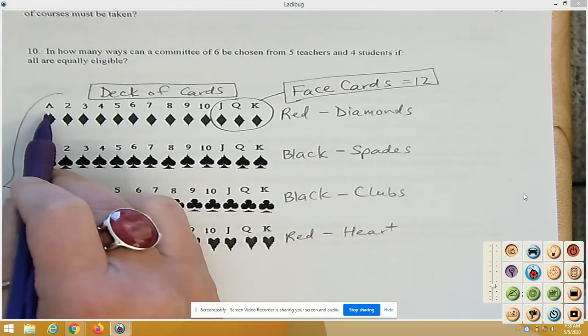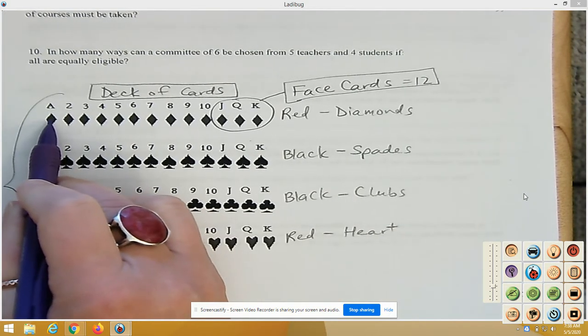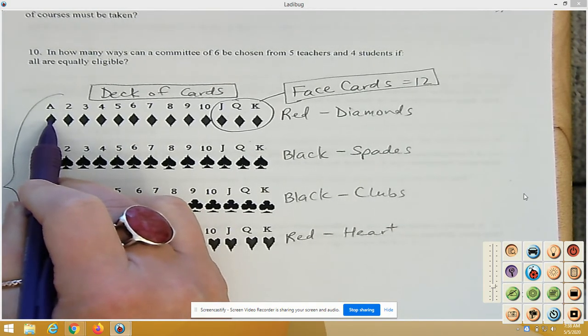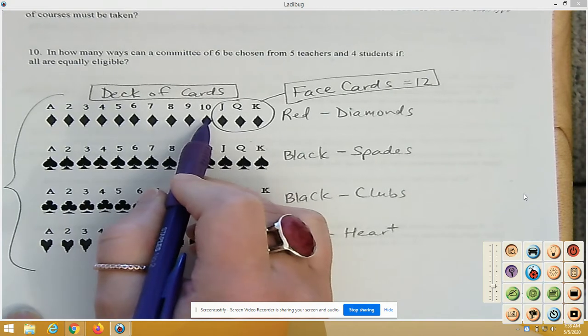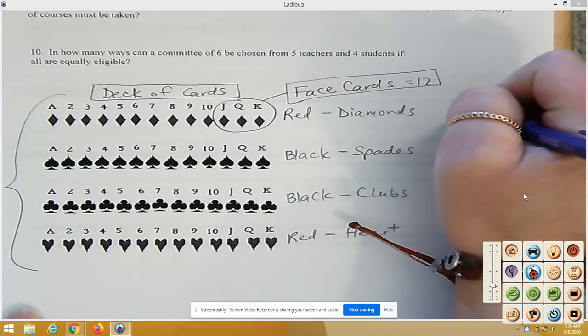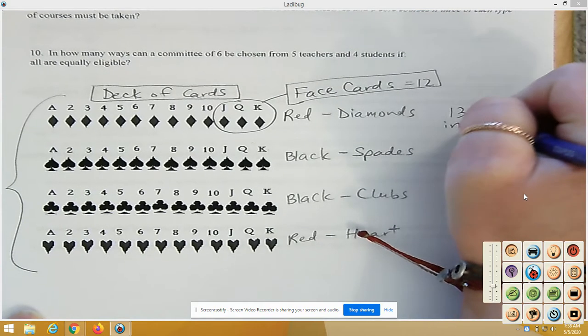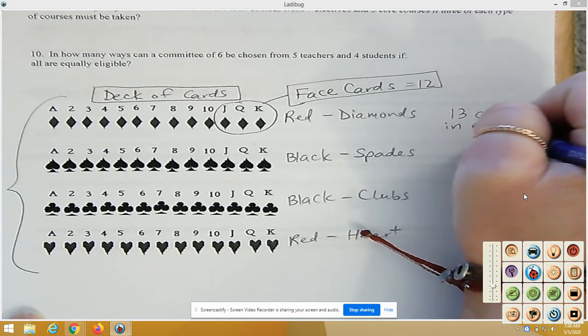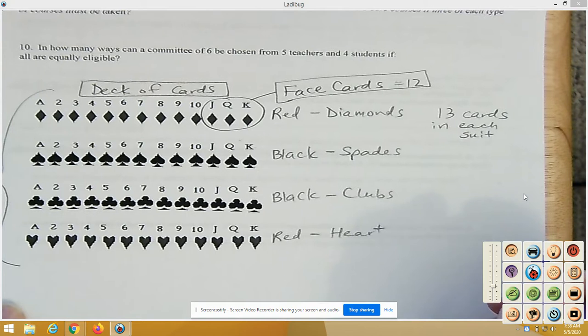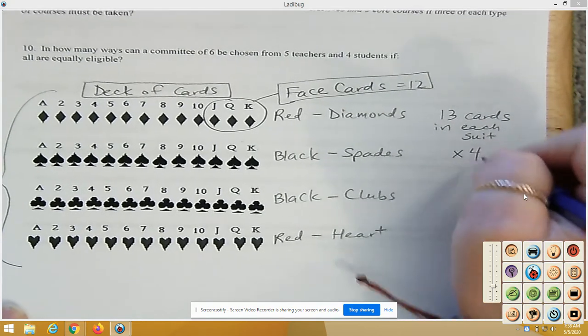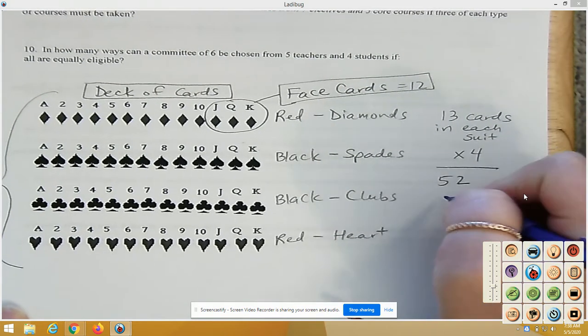So it's almost like the ace could be 1. In some games, the ace is high. In some games, ace is low. But you have 1 through 10 and then another 3. So 13 cards in each suit. Okay, and then there are 4 suits. So there are 52 cards in a deck.